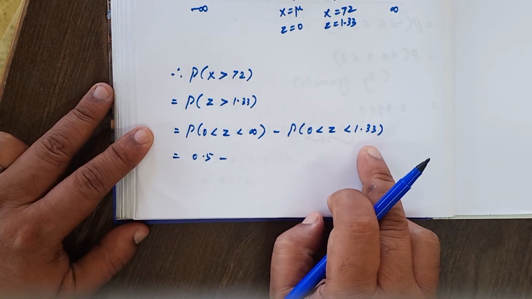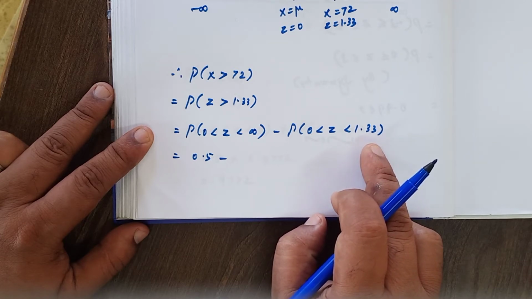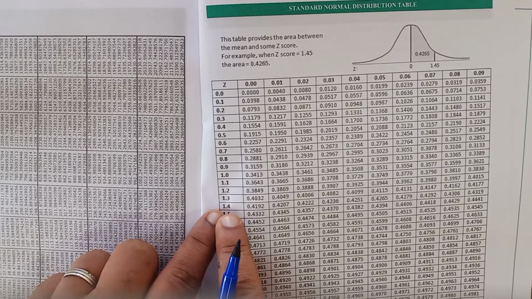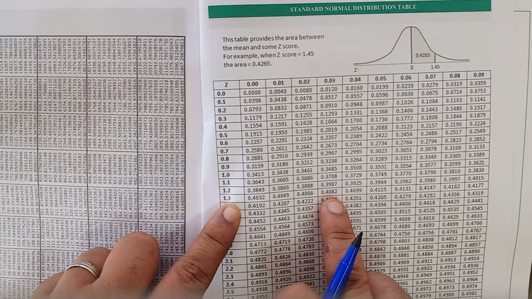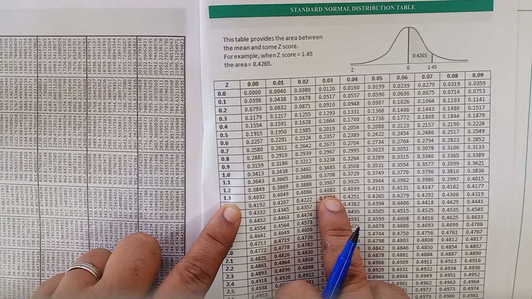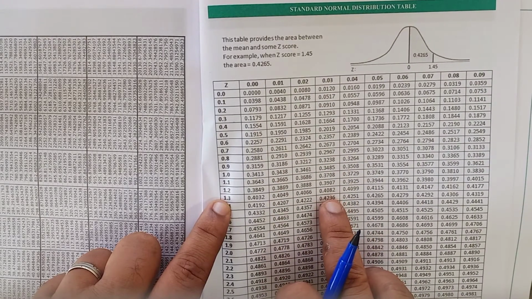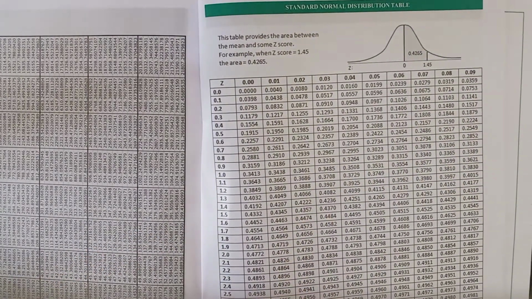For getting the area, you have to refer the normal distribution table. 1.33. Here 1.3, here 0.03, the corresponding value is 0.4082. 1.33, 0.4082, okay.